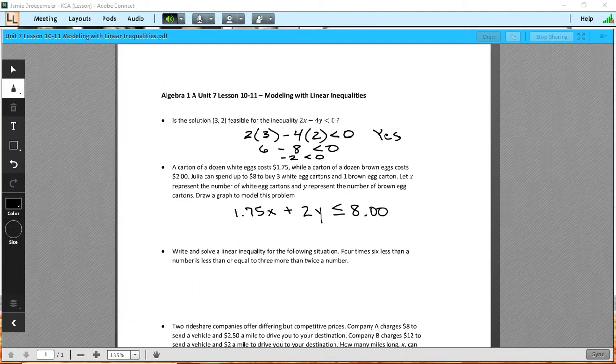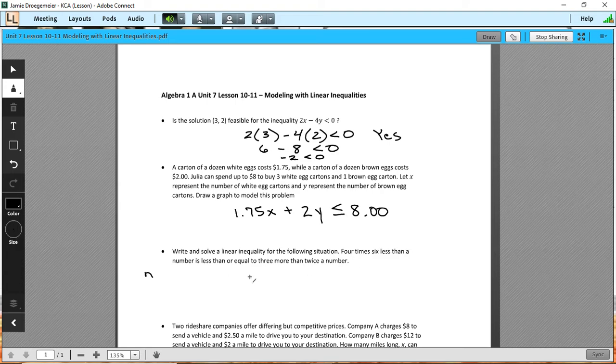All right, and number 3, or our third problem here, asks us to write and solve a linear inequality for this following situation. It says 4 times 6 less than a number is less than or equal to 3 more than twice a number. All right, so we'll use an n this time to represent our variable.